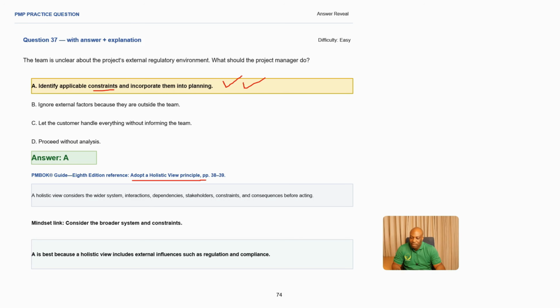What does it say? Holistic view considers wider system, interactions, dependencies, stakeholders, constraints, and also consequences before acting. So the best mindset in this scenario is to consider the broader system and also constraints, making A the best answer because it's looking at a holistic view for external influences such as regulation or even compliance.